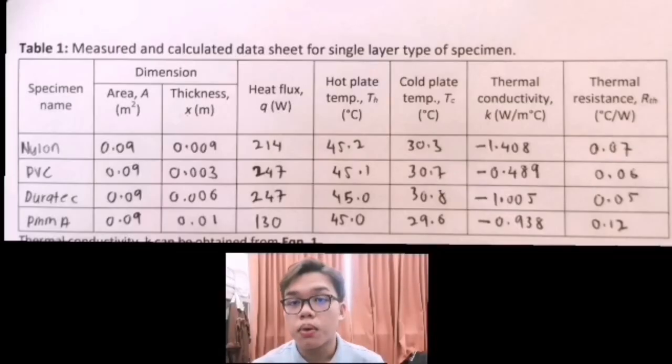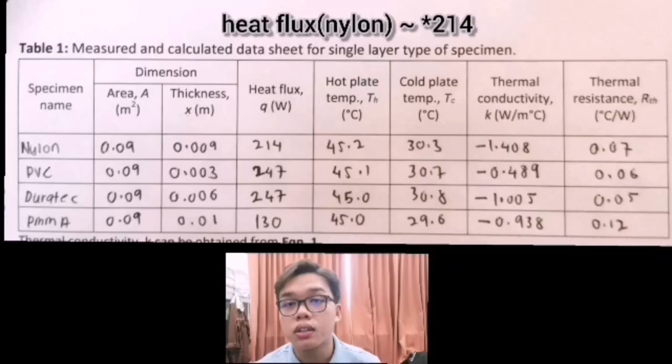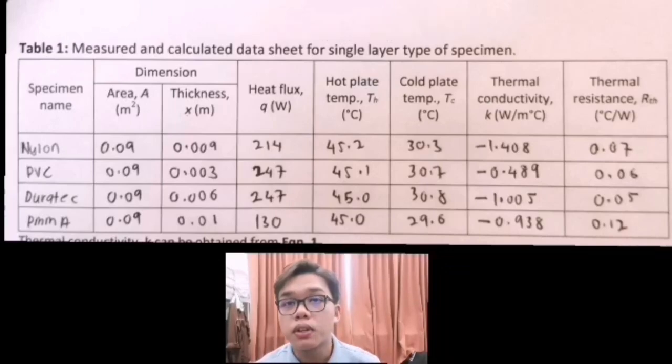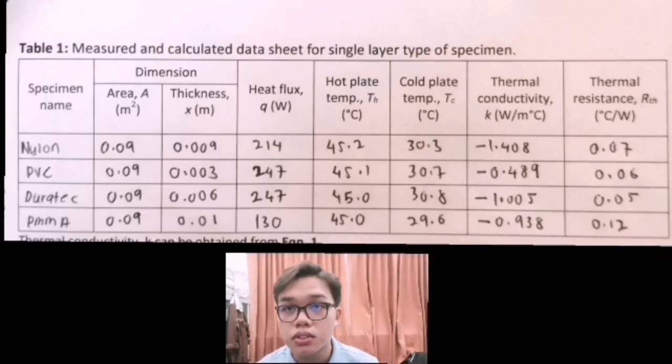Now I will talk about the data for the single plate. For the nylon, the heat flux is 140, hot plate temperature is 45.2, cold temperature is 30.3, thermal conductivity is negative 1.08 and thermal resistance 0.07.